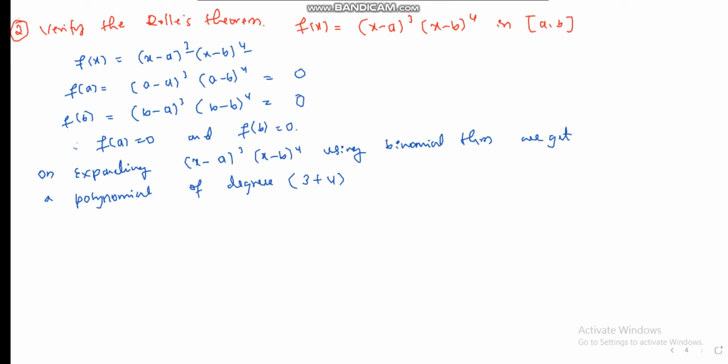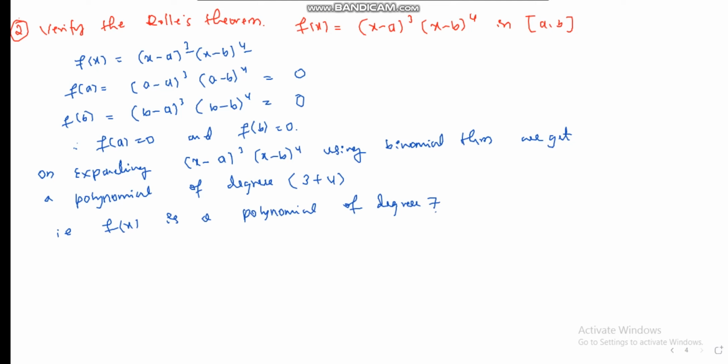The degree is 7. So f of x is a polynomial of degree 7, because 3 plus 4 is 7.